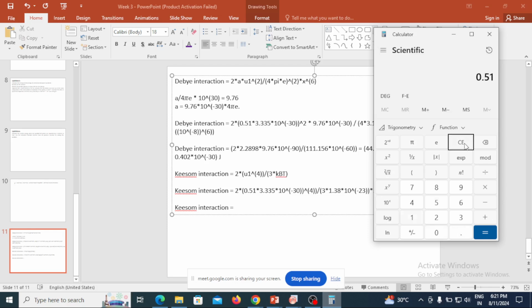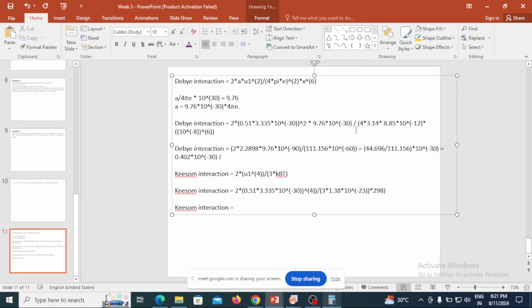Let us keep till this expression: 0.51 times 3.335 is 1.7. So 2 times 1.707 times 10 to the power minus 30, whole power 4.